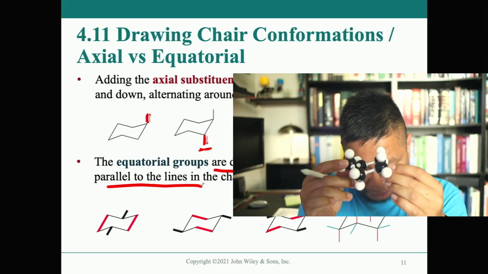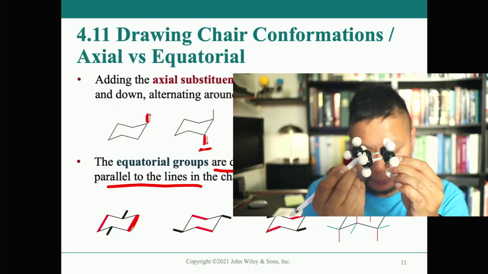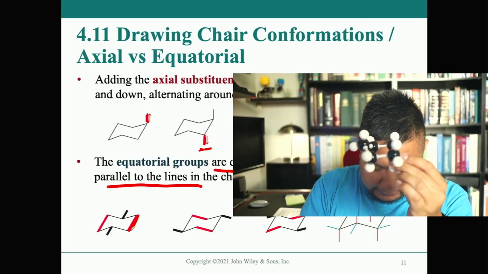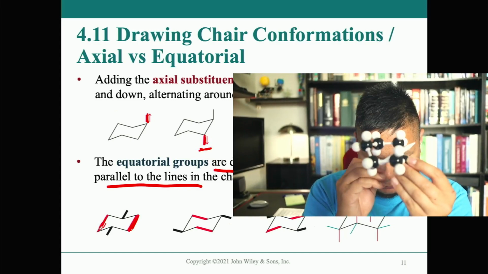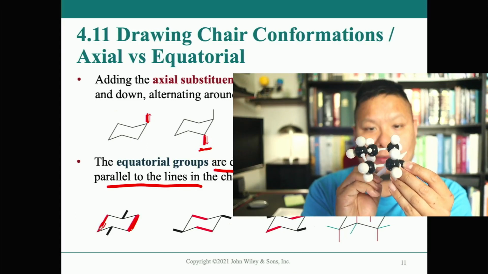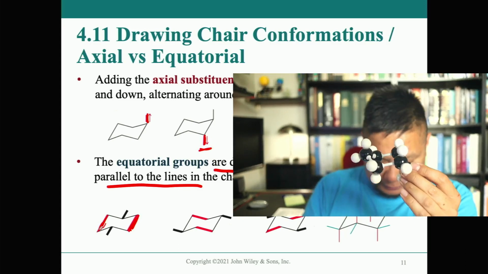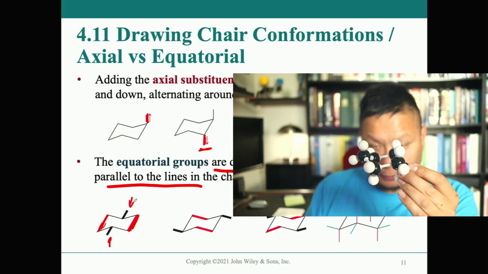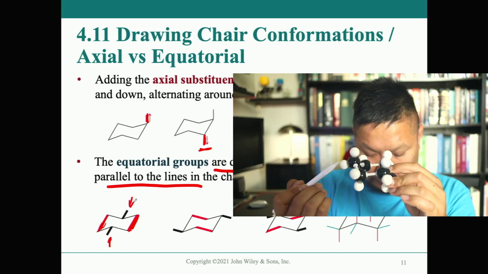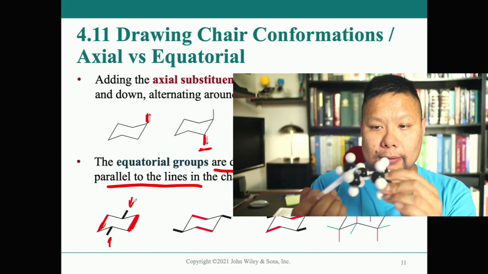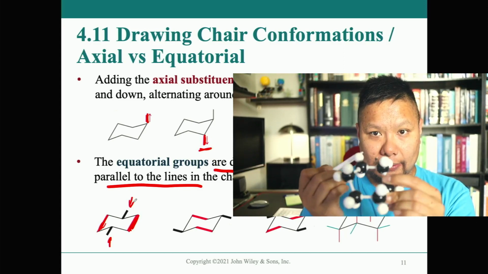Again, here we have our chair, and this red line right here is this bond over here, and this red line is this one over here. When you're looking at these equatorial hydrogens, this one right here is parallel to this one back here.